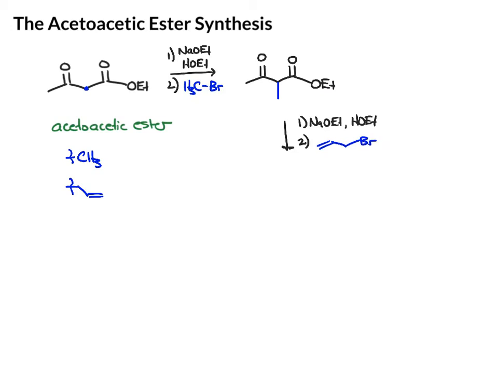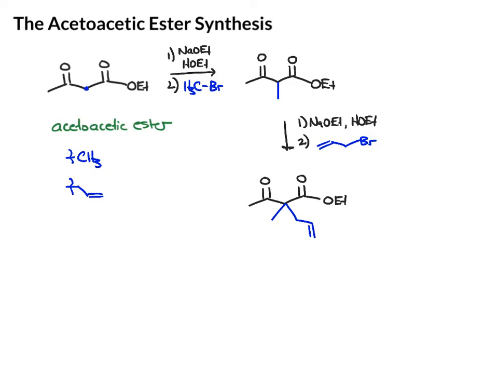The bromine's not directly attached to the double bond, it's attached to a CH2 that's next to the double bond. So now we have the methyl, and then we have the CH2, and then the double bond.